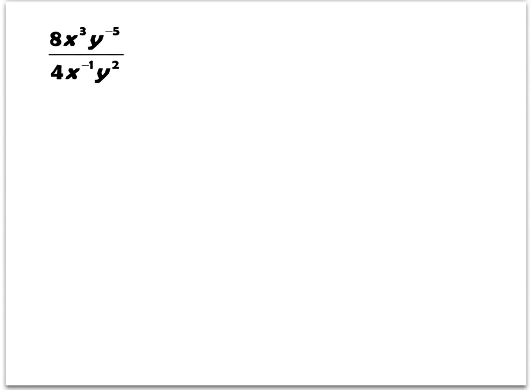And so there's our simplified algebraic expression. Here's another one dealing with exponents and division. So let's just break this up. 8 over 4, that's 2. And then x cubed minus a negative 1. Now the fact that that exponent of negative 1 is in the denominator is really irrelevant. We treat it just like any other power.